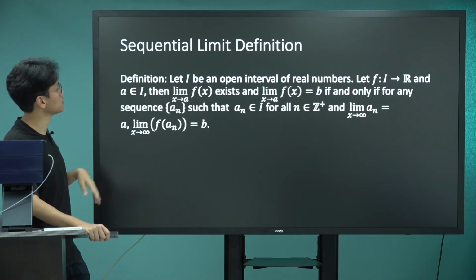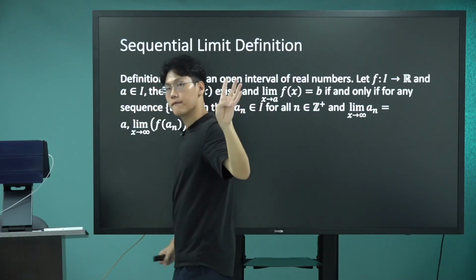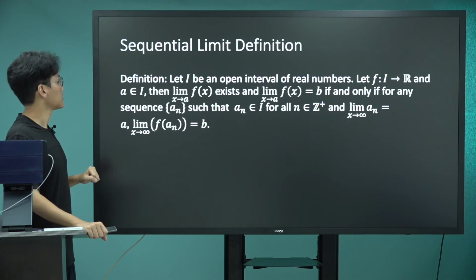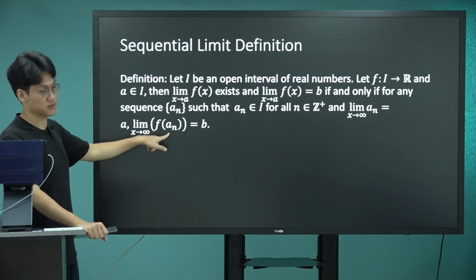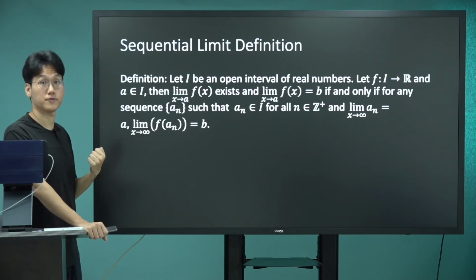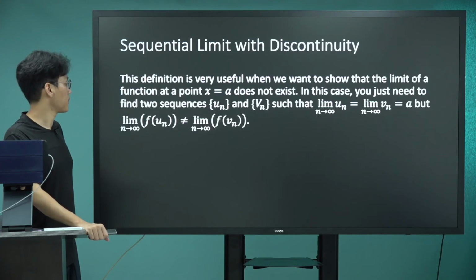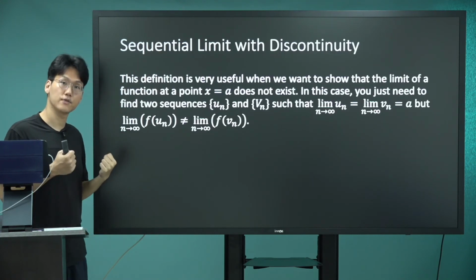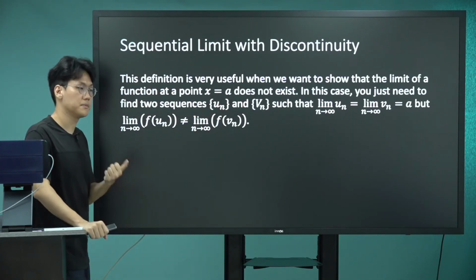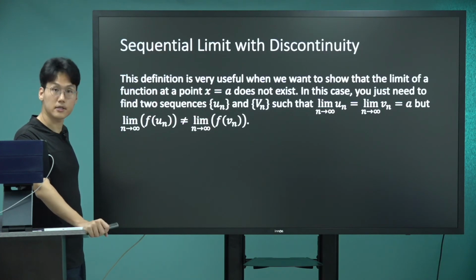This was the sequential limit definition. If the sequence converges, and the function is continuous, two conditions, then even if you composite the sequence onto the function, the limit is preserved. That's what the sequential limit definition was, okay? But what we want to talk about is the contrapositive. What if the sequence converges, but you composited it on a function and didn't get the same limit?